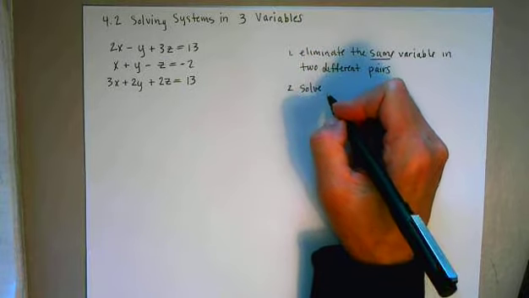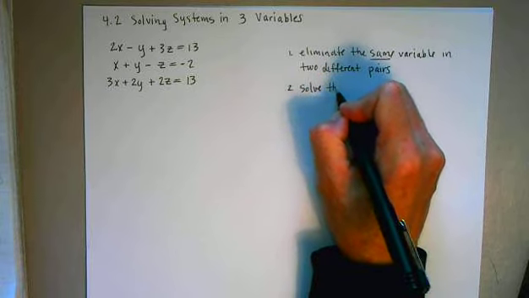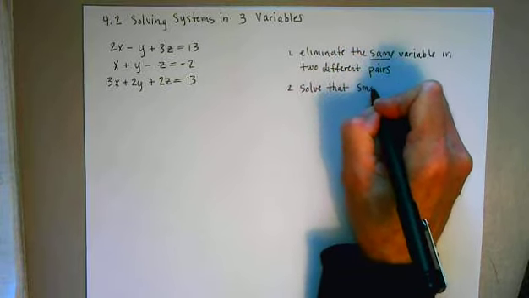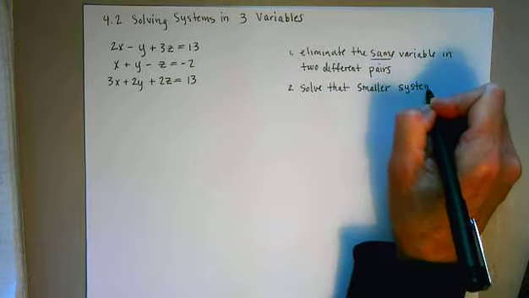Then we're going to solve that smaller system. That will make us have 2 variables in 2 equations. So we'll solve that smaller system that you just created. And you'll see what I mean in just a second.